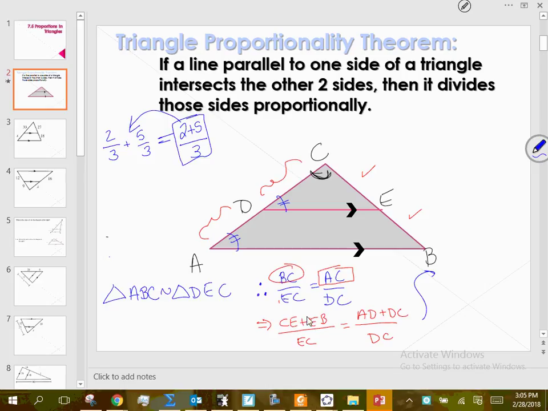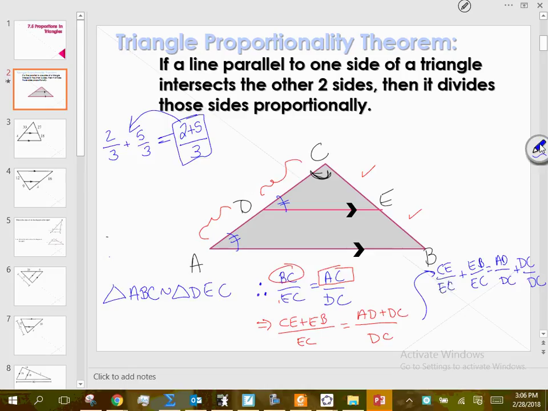Why can't I take CE plus EB and write that as CE over EC plus then EB over EC? Does that make sense? If I added those together, do they have a common denominator? And I would just add the numerators, and that gets me back to this thing here in red, right? Do the same thing on the left, or sorry, the right. Can I go AD over DC plus DC over DC?